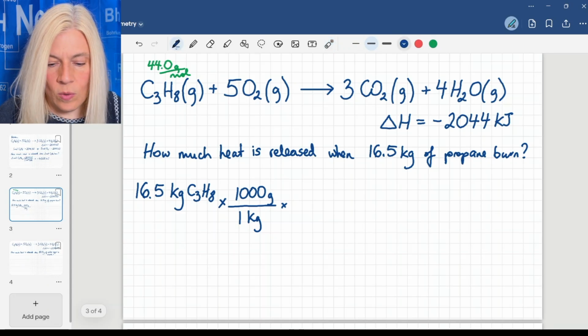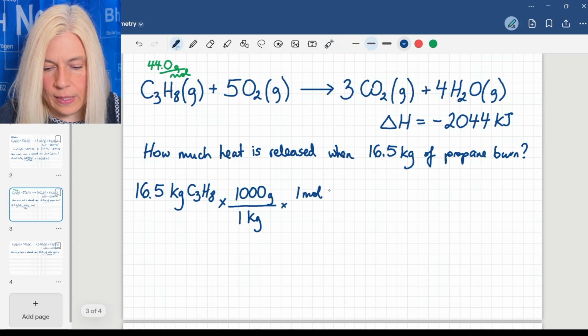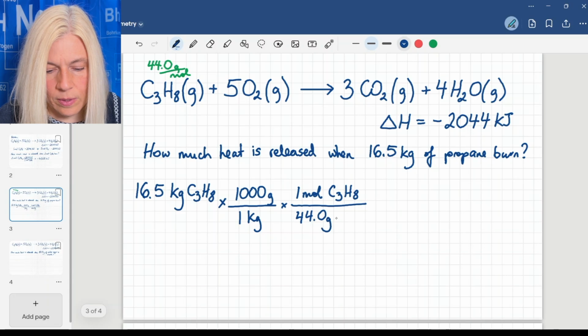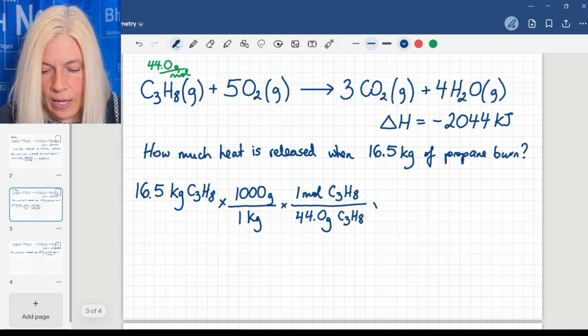And so I'm going to have 1 mole of propane, C3H8, is 44 grams of propane, C3H8. And what?